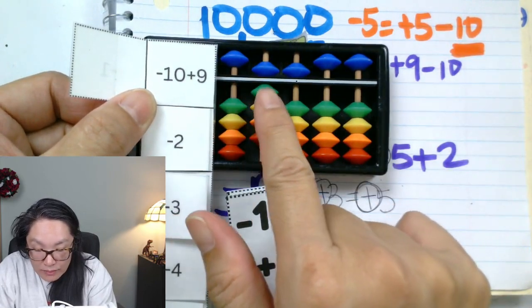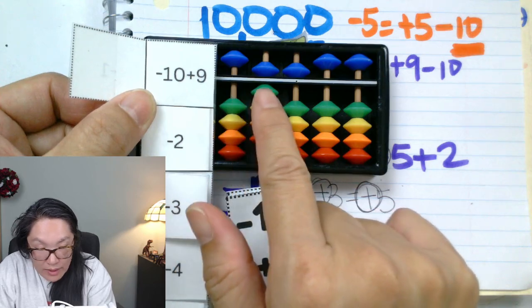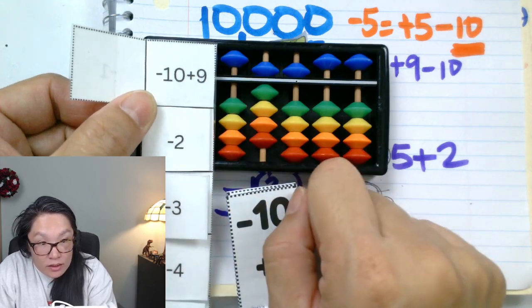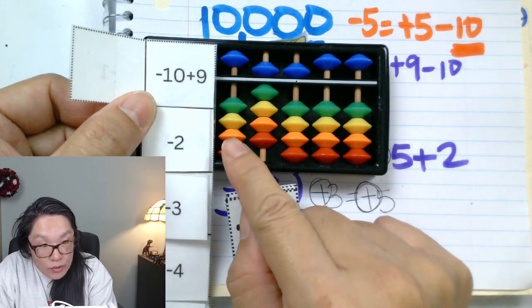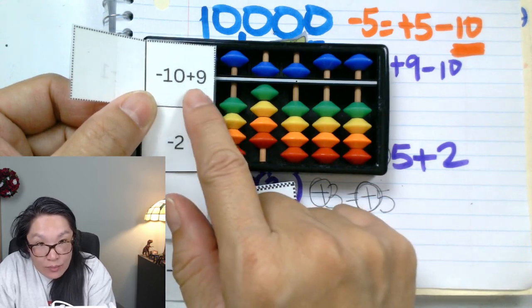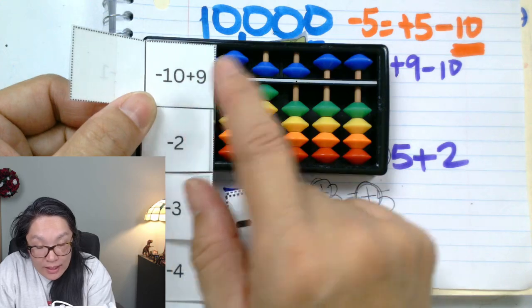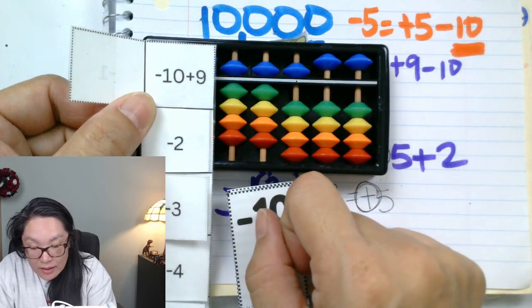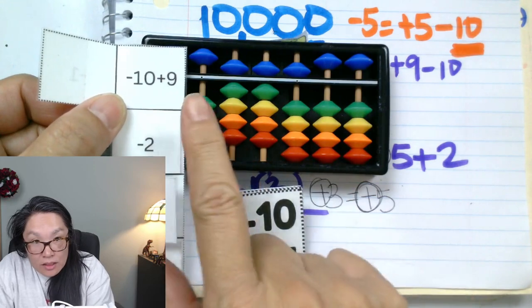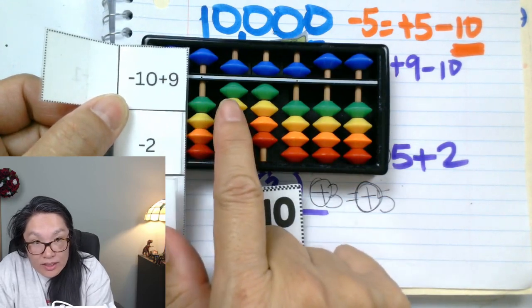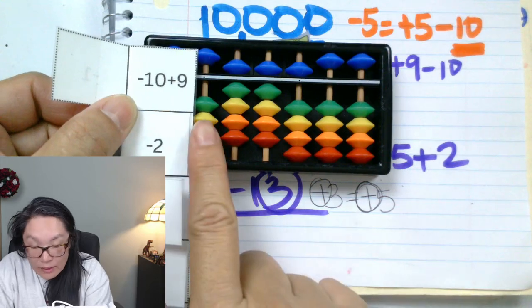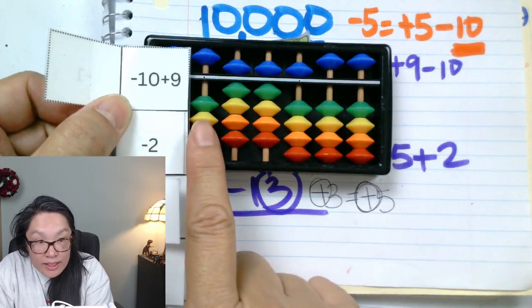Minus the 1, minus the 0. Can I take away the 1? No. So I have to do it again: minus the 10 plus the 9.